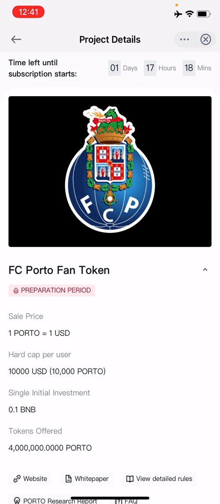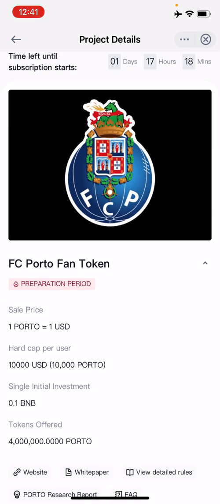And then when I commit my BNB, I'm going to buy some tokens with the BNB, and it's going to be calculated. I think it's going to be calculated against the number of people that have their BNB in the pool, and you're going to receive it as a percentage of the BNB that you actually put in. But every user can get the maximum of 10,000 USD of the FC Porto.